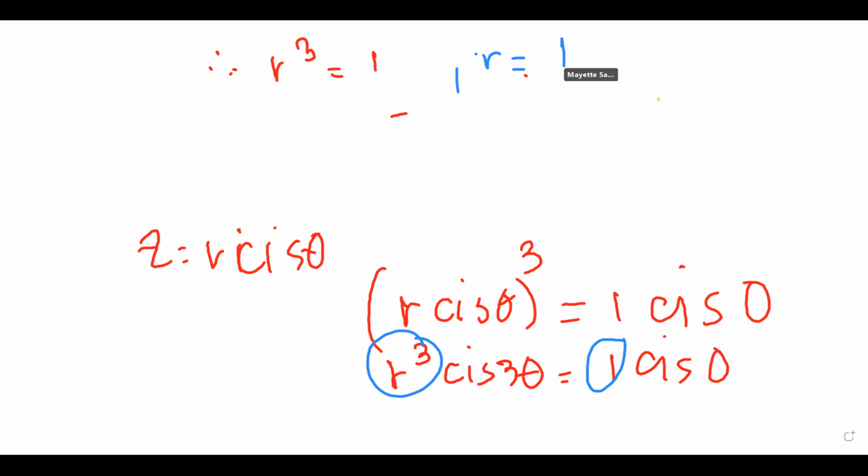Because if you raise this to 1/3, it's just equal to 1. In terms of angle, 3 theta is from 0 to 6 pi.